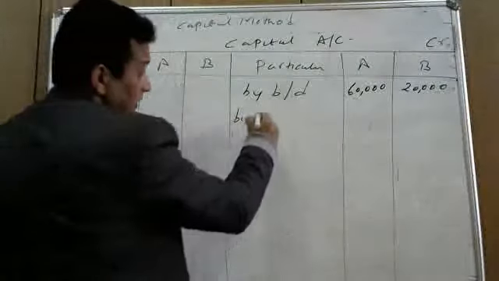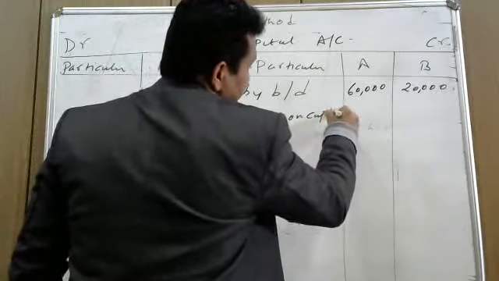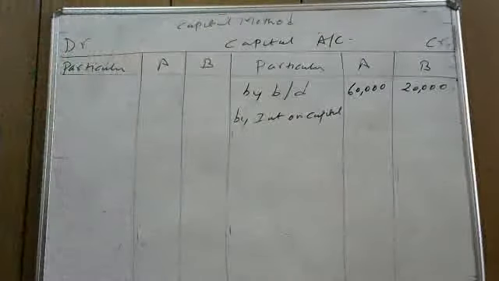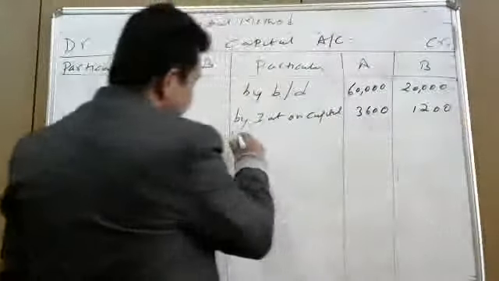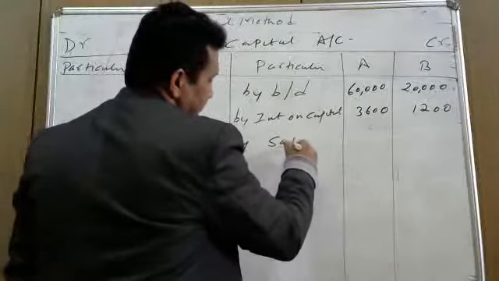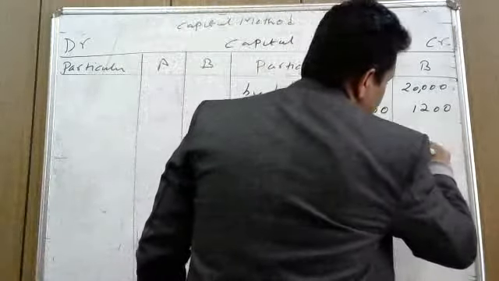We are already preparing current account by interest on capital. How much interest A is getting is given in the question. A is getting interest amount of 3,600 and B is getting 1,200. This is 3,600 and 1,200. Similarly, who is getting a salary? By salary account, B is getting a salary of rupees 6,000.